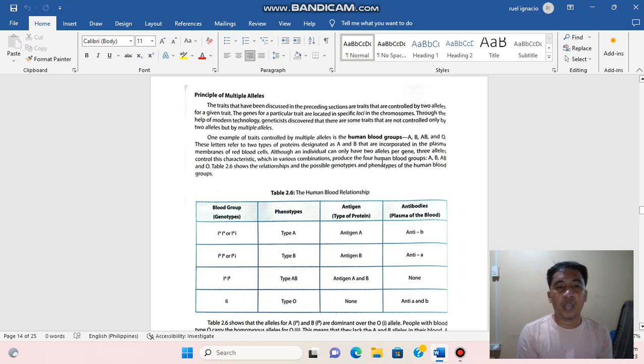So we have here in Table 2.6 the human blood groups and the possible genotypes and phenotypes.